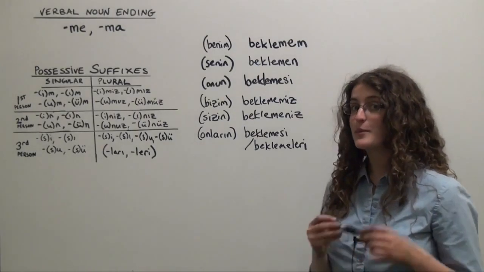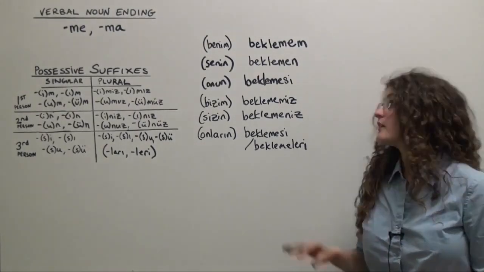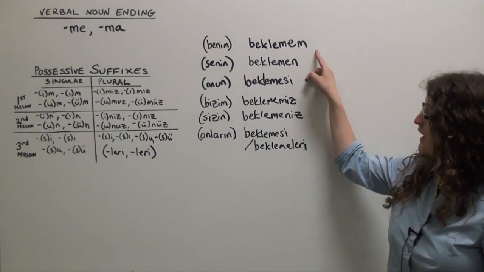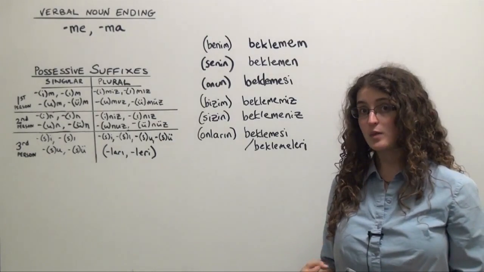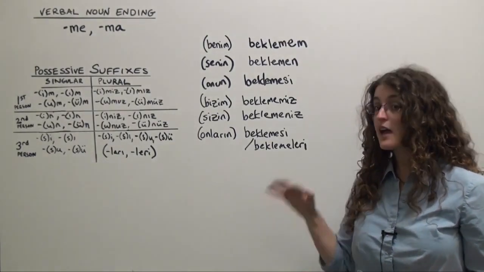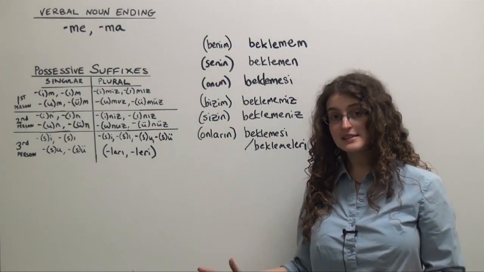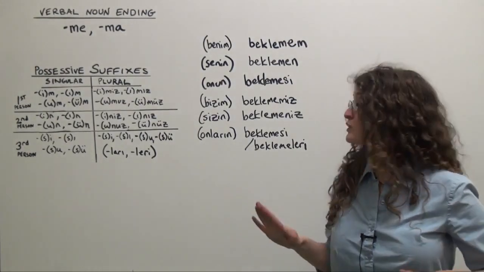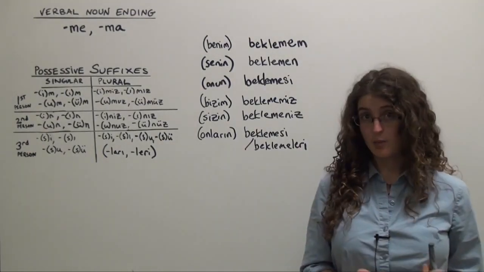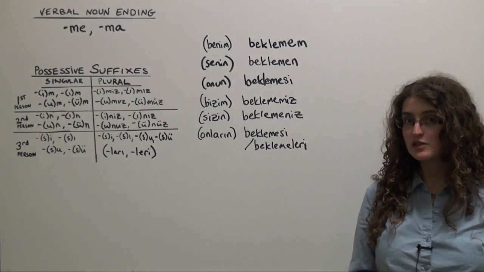One additional note about forming verbal nouns in Turkish, it's worth remembering that although these are nouns, because they are derived in this way from verbs, they are verbal nouns, they'll still require the same cases as the verbs from which they are derived. In other words, for example, if you're waiting for someone in Turkish, they are going to be in the accusative.